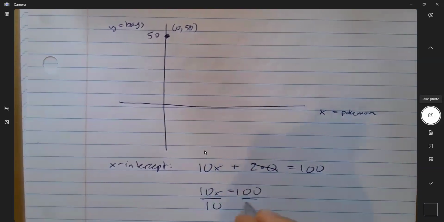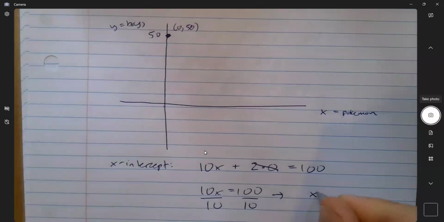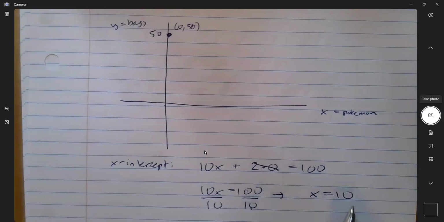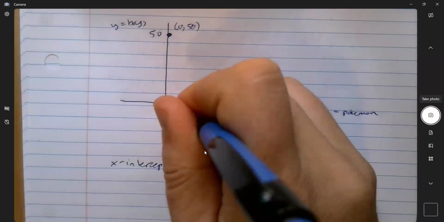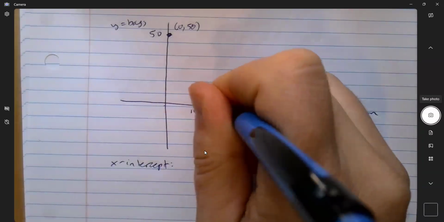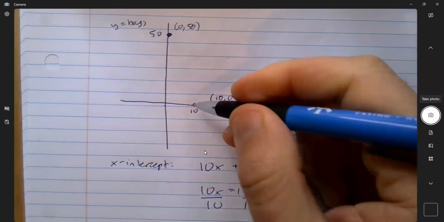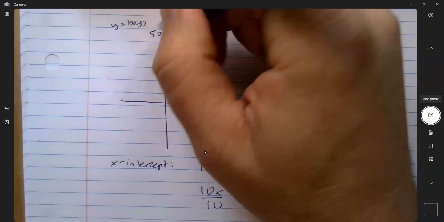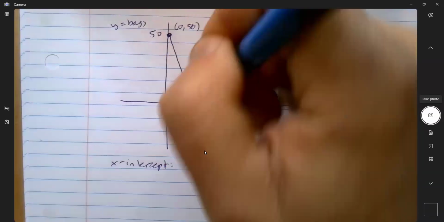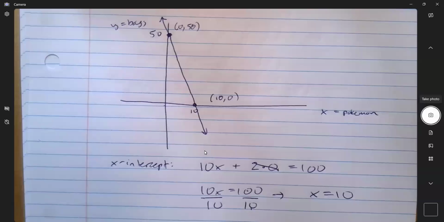Divide both sides by 10, and we see that x equals 100 over 10, which is 10. And so that tells me that the point 10, comma 0 must be on my graph. And now I've got my 2 points, and I can show what that linear equation is.